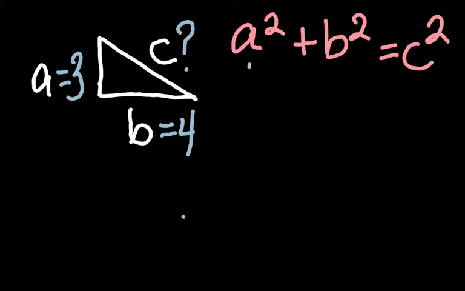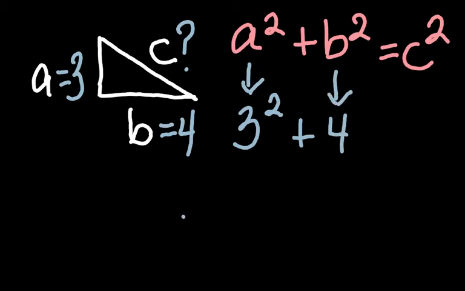So everywhere that you see an a, you're going to put the number 3. So that's 3 squared. Everywhere you see a b, you're going to put a 4. So it's just substitution. And then that equals c squared.